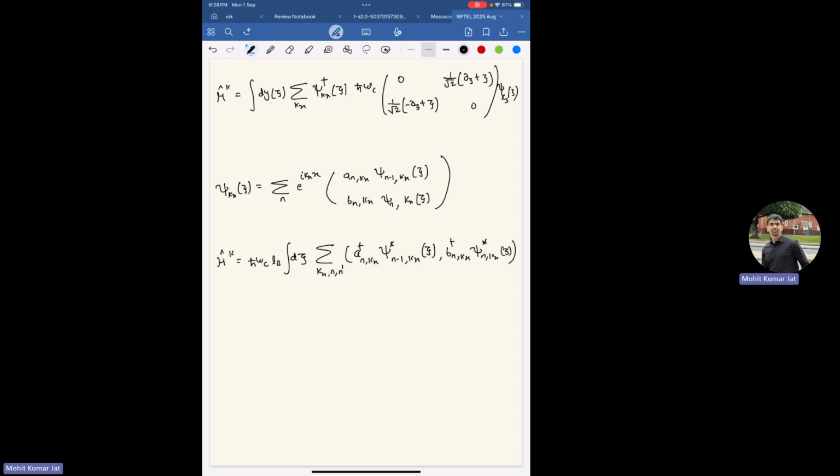yeah, and that will be multiplied with a factor of 0, 1 by root 2 del psi plus psi, 1 by root 2 minus del psi plus psi, 0, operating on, now this was bra, this is ket, so kx psi n prime minus 1 kx psi b n prime.